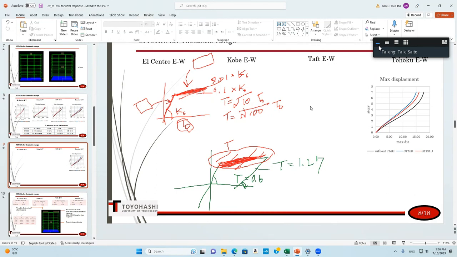But the question is how much stiffness you assume after yielding. So you can draw this kind of graph and idealize it, and you can say this is the first stiffness and this is the second.